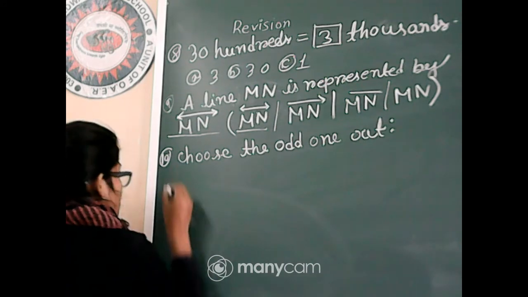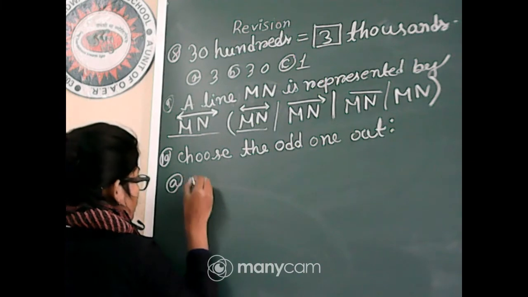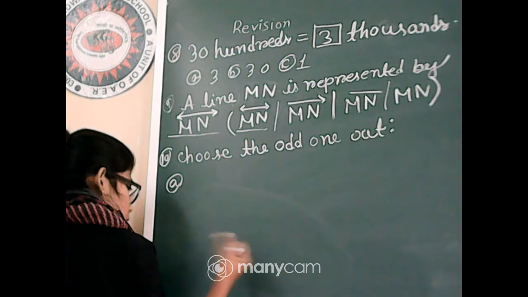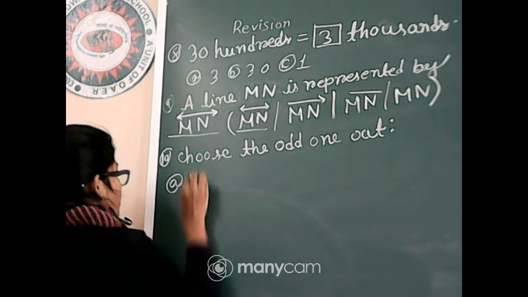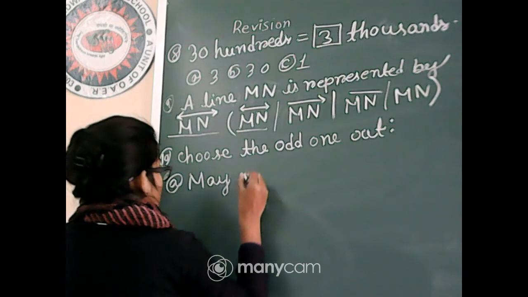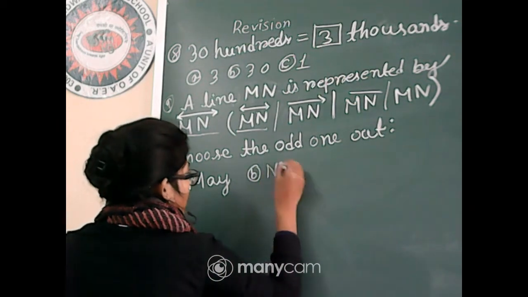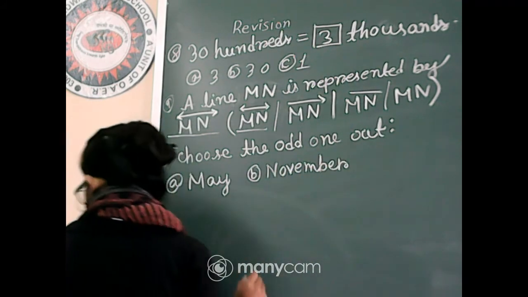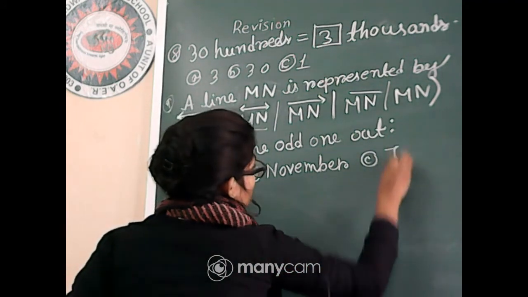Option A is May. Number B is November. Number C is July.